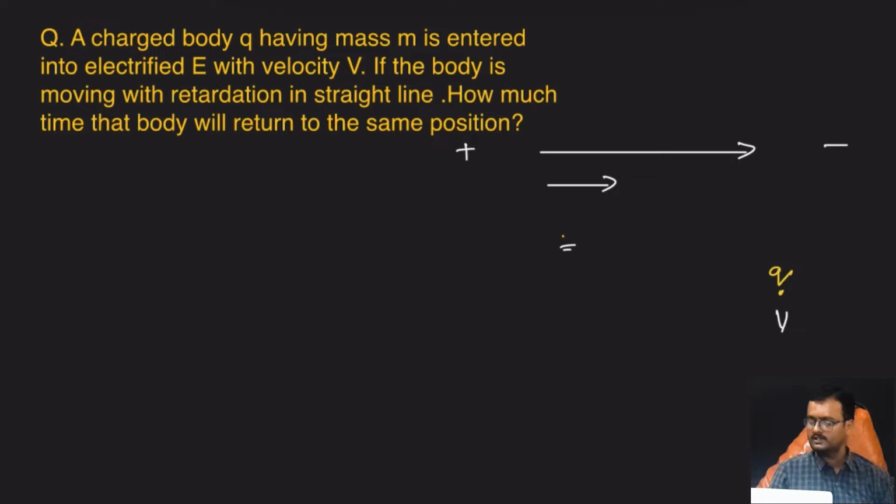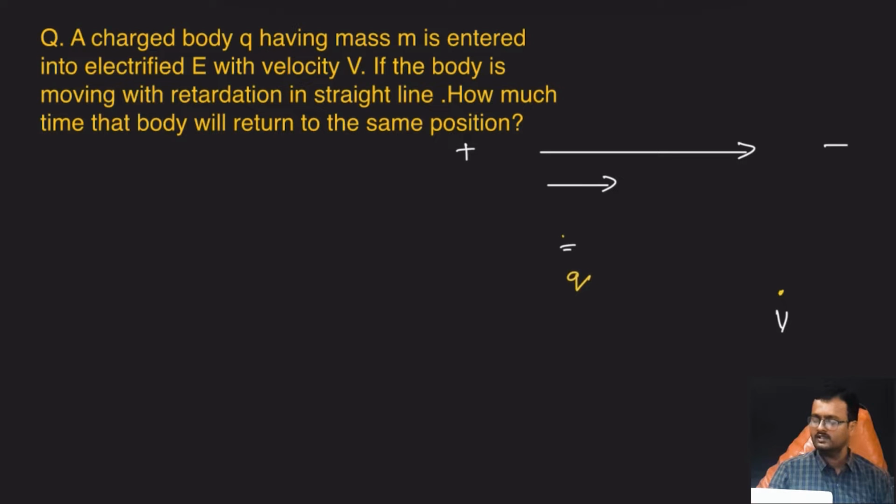So now the charge enters with velocity v in the uniform electric field. So it is moving in the opposite direction of the electric field. So the force acting on the charge is in the opposite direction.